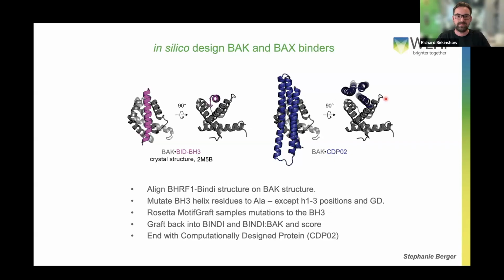You then take that peptide, graft it back into the Bindi scaffold. You then sample all possible mutations of the other regions of the other two helices around this graft that you have put into Bindi. And at the end of this process, get an optimized binder for BAK that in this case we call CDP02.